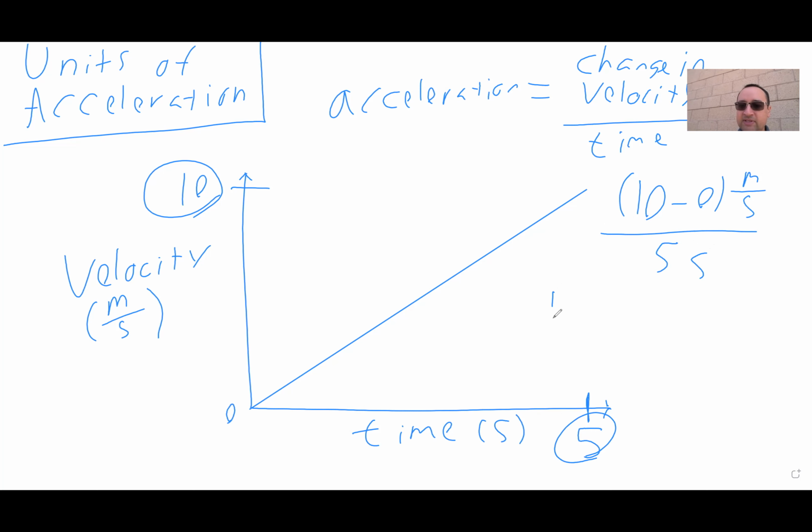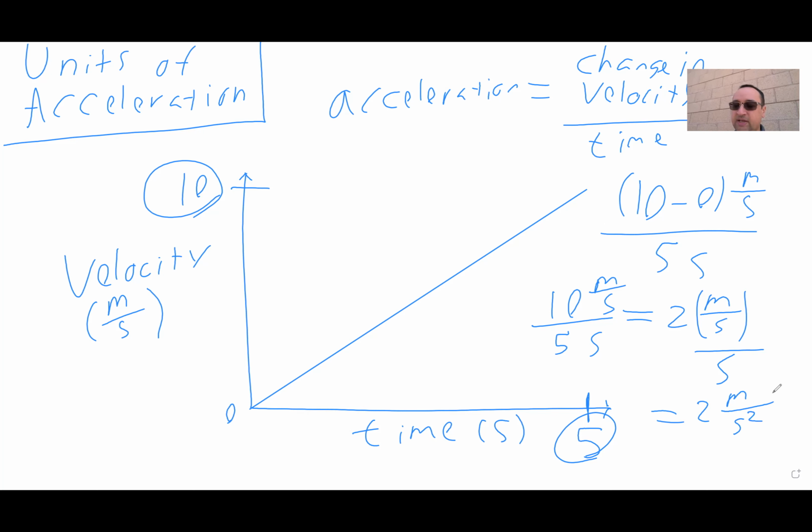So what you're gonna have is 10 over 5, right? Meters per second over seconds, okay? That's gonna equal, and my 5 looks like an S, so let me just go ahead and rewrite the 5. Okay, that's gonna give you 2 meters per second all over seconds, which actually equals 2 meters per second squared.